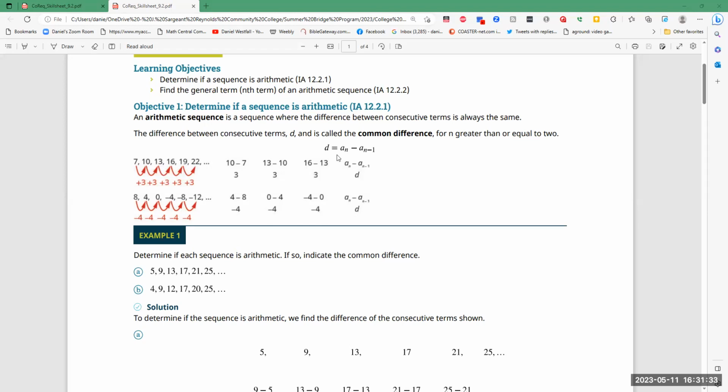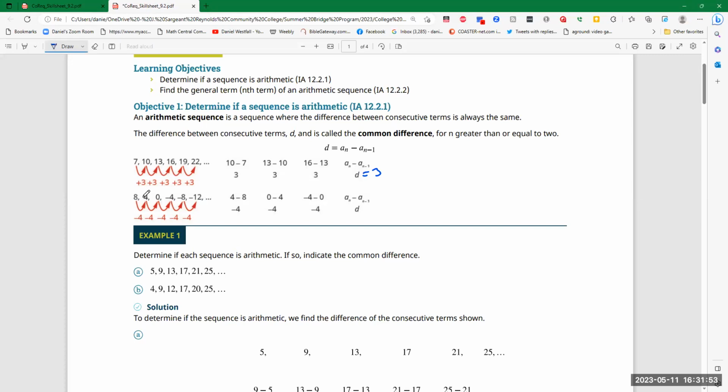So we see that the difference between any term and its previous term in the sequence there is D, which is a positive 3 in this case. And I identify that D is equal to 3 in this case.